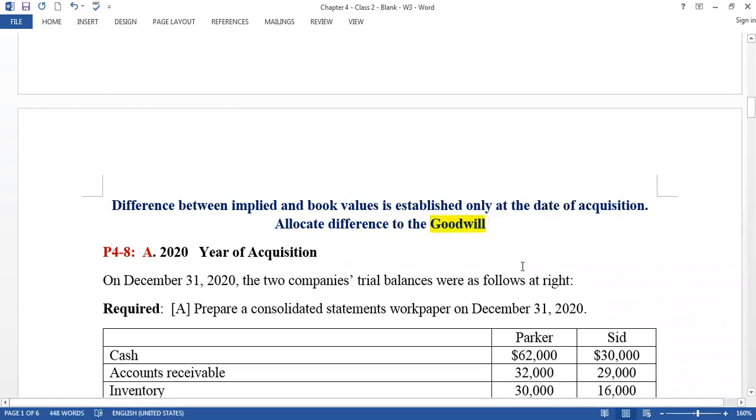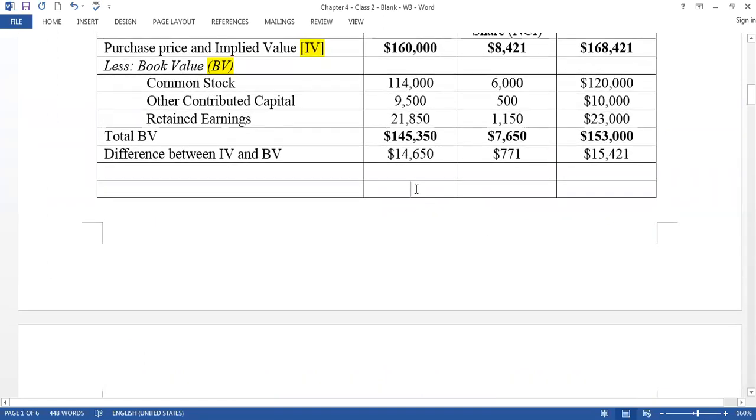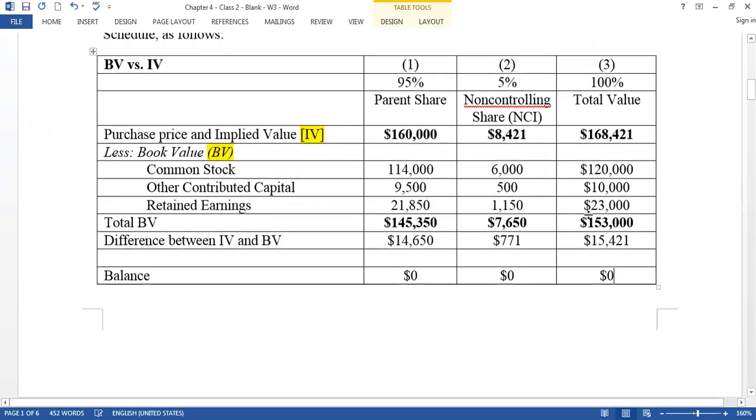Clear? So it means that we have to make our difference 0. The balance should be 0. Why should the balance be 0? Because the question said that we are going to allocate this difference to the goodwill account. That means we have to create a new account called goodwill.